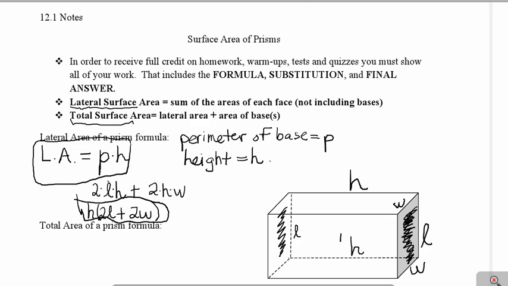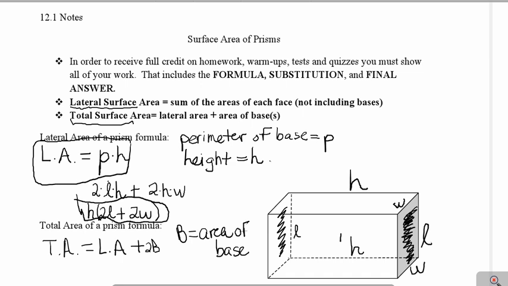Now then, to calculate the total surface area of this prism, I'm just going to take the lateral area that I have calculated above and add 2 bases, 2 times the area of the base. So that capital B stands for the area of the base, since there are two of those.